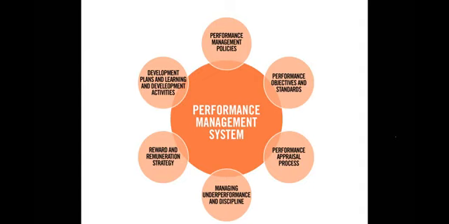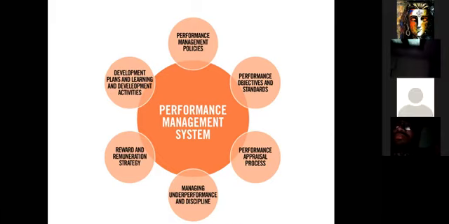Only accurate data, or else information obtained from a proper channel or hierarchy, is the key. That's the reason we have to know about underperformance and how they are doing. Everything you have to know, and based on these things only you can prepare a performance management system, right?